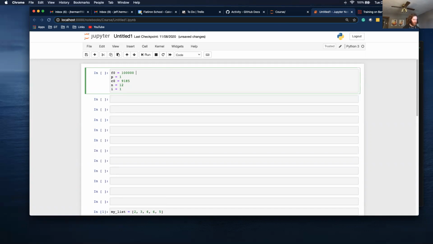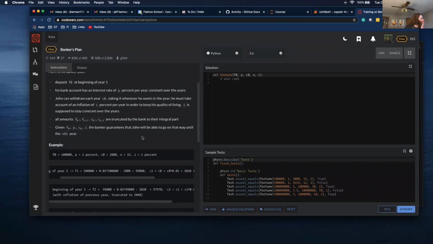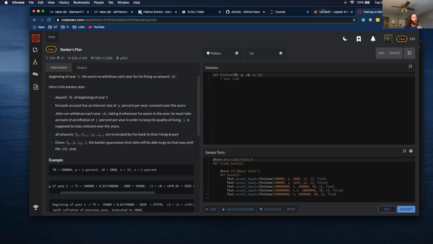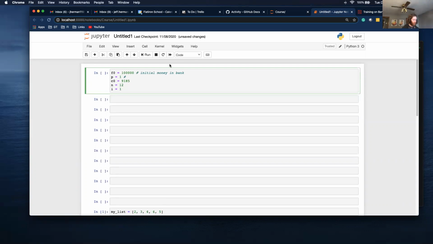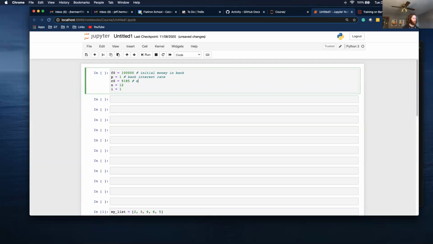So F0 is the initial money in bank. P is the bank interest rate. C, I believe, is costs, the money to withdraw.